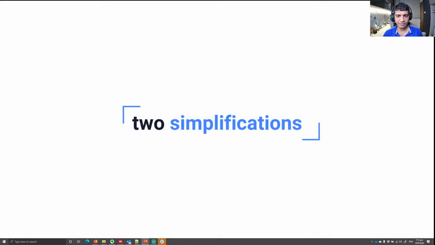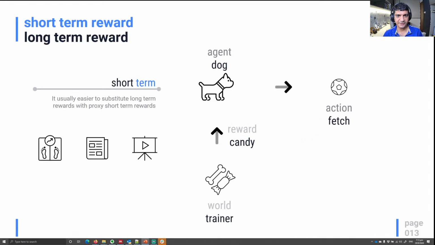So there are two simplifications that we are going to make. The first one is we cannot work with long-term rewards, right? We looked at a few examples last time around where we wanted to lose weight, and a short-term reward in that scenario is going to be, how much time do I exercise? The other one could be, I want to maximize my click stream, so I'm going to look at my session duration.